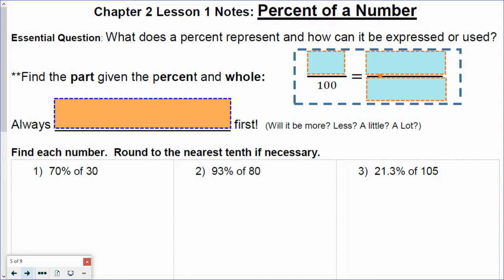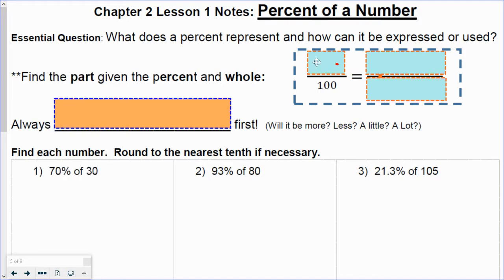Okay, so essential question, what are we trying to get out of this whole thing? What does a percent represent and how can it be expressed or even used? Today we are focusing on finding the part of a whole if we're given the percent. Remember yesterday at the beginning of our notes, we talked about a percent is always out of 100.